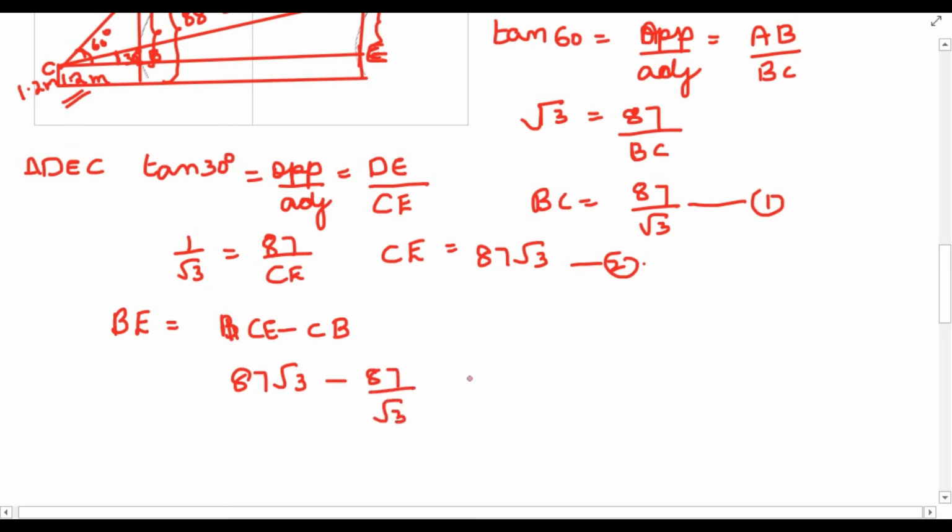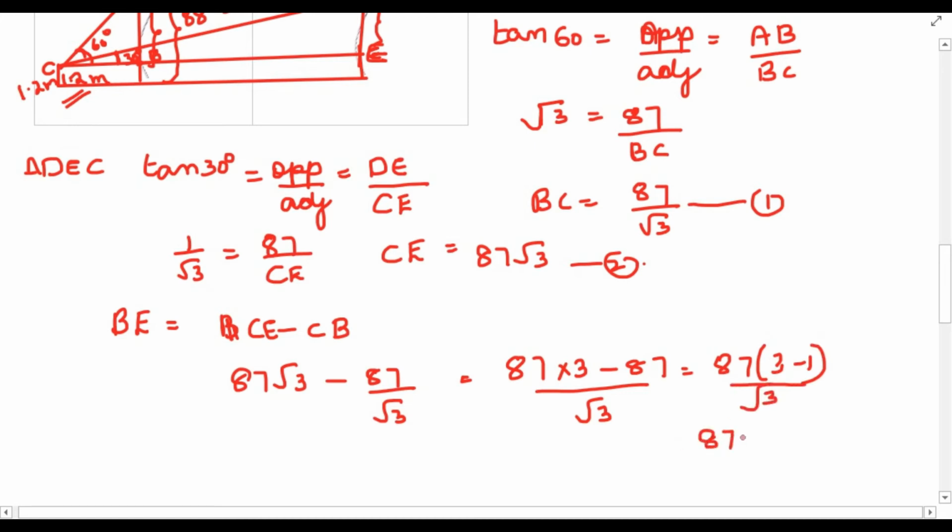So when you take the LCM, we have 87 into 3, root 3 into root 3 is 3, minus 87 by root 3, which is equal to 3 minus 1 by root 3. So 87 into 2 by root 3.